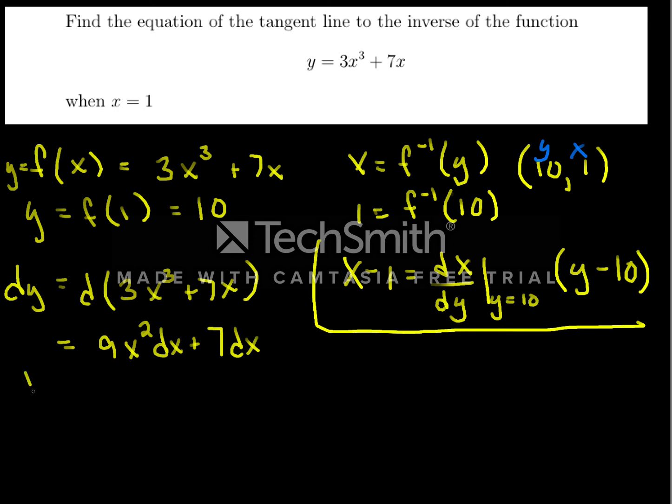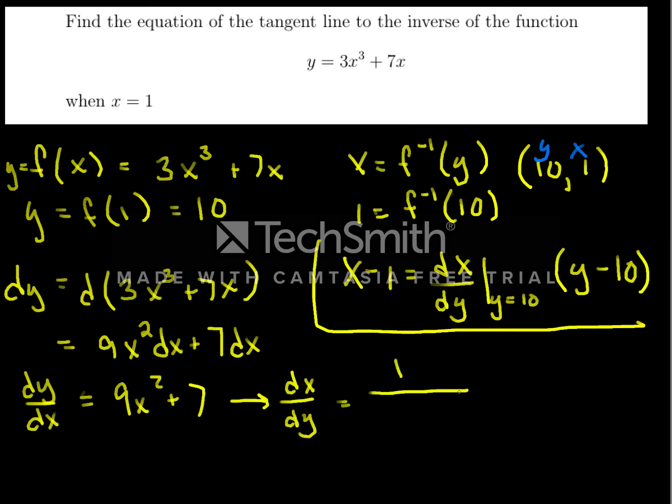So dy/dx is simply 9x squared plus 7, telling us by the inverse rule that dx/dy is 1 over 9x squared plus 7.